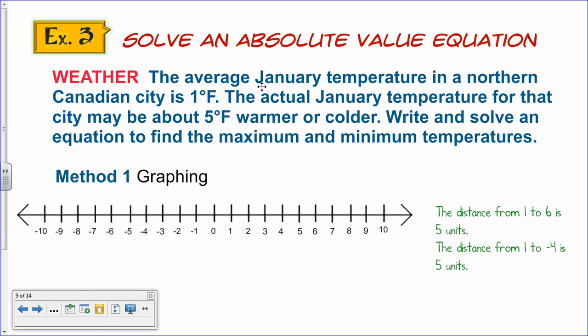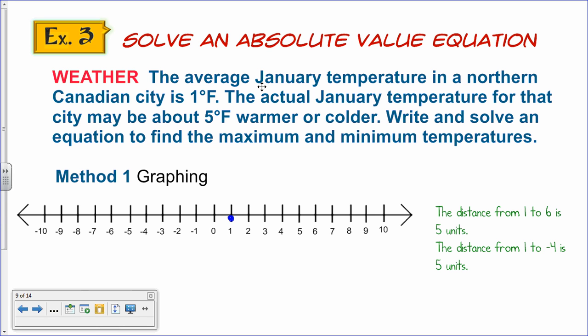Okay, where would 1 degree be on here? On the number line? Be right there, wouldn't it? Okay, the actual January temperature for that city may be about 5 degrees either warmer or what? Colder. Okay, so write and solve an equation to find the maximum and minimum temperatures.